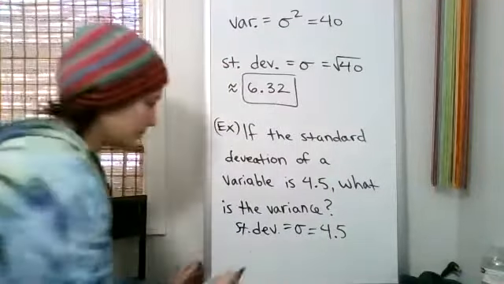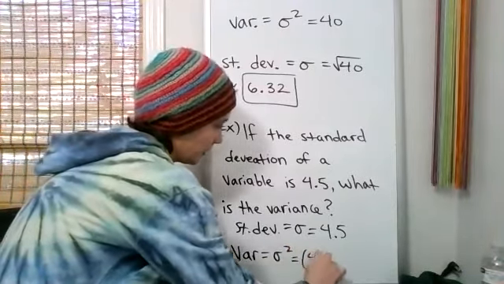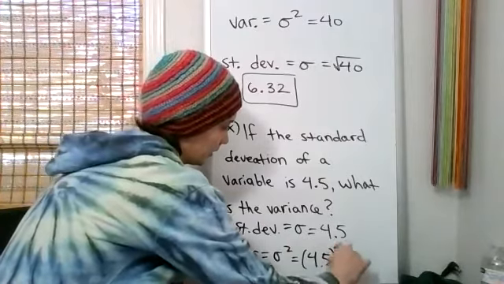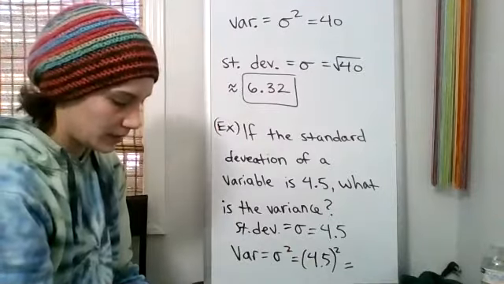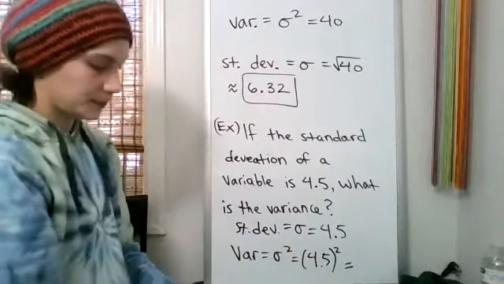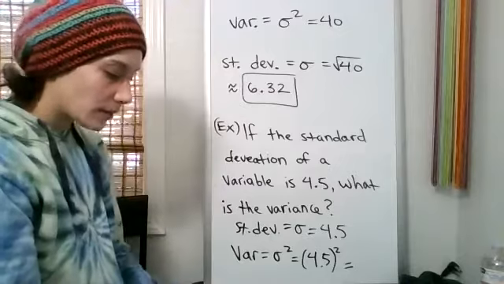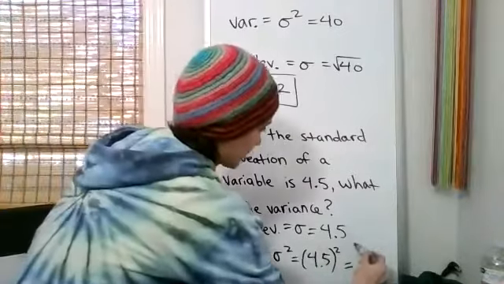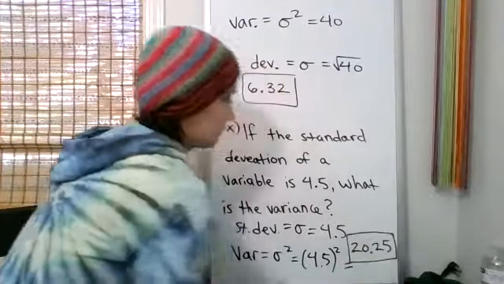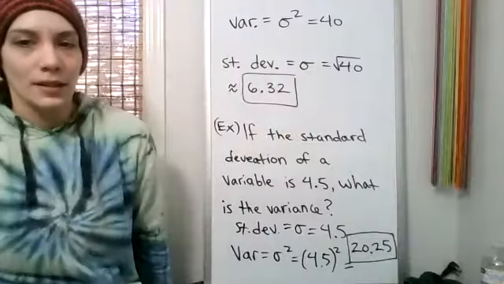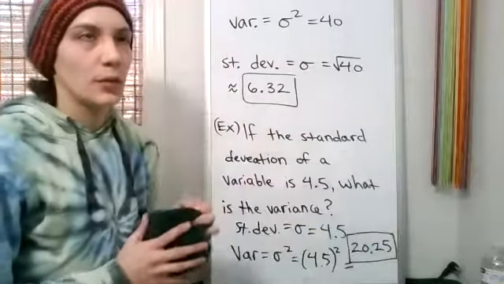Variance is sigma squared, so take 4.5 and square it. 4.5 times 4.5 is 20.25. The last kind of question that I created was about a dot plot.